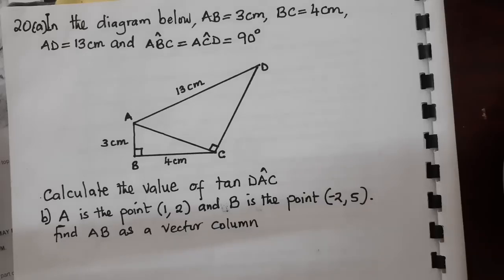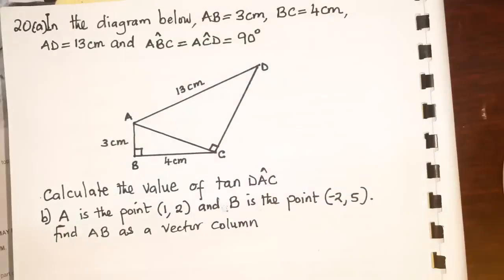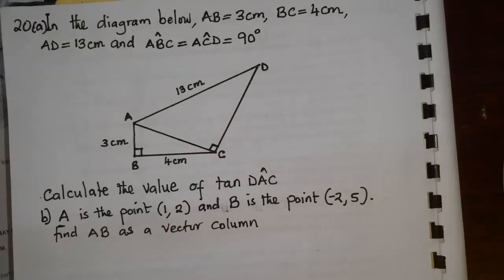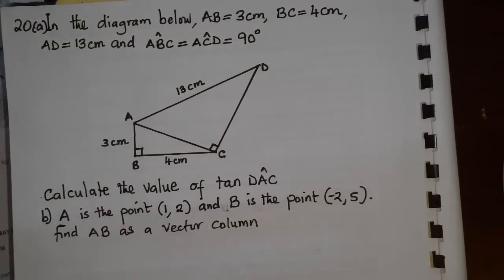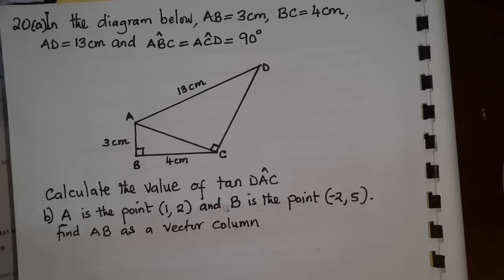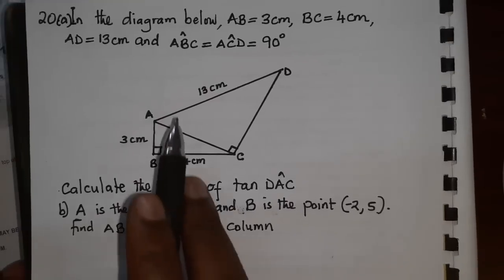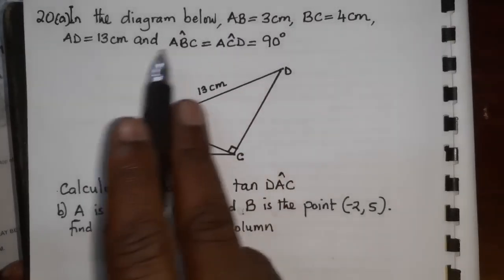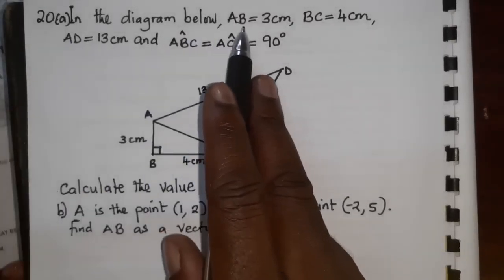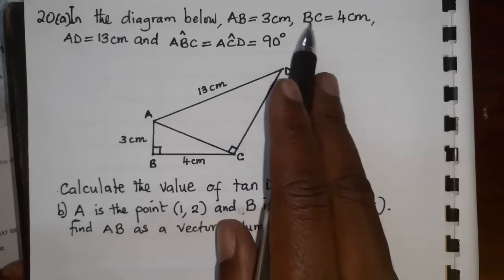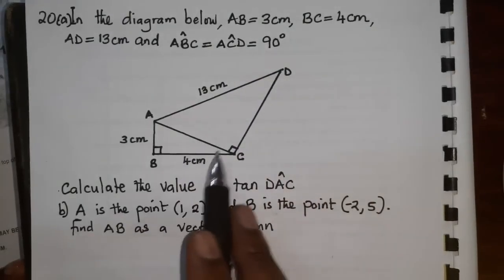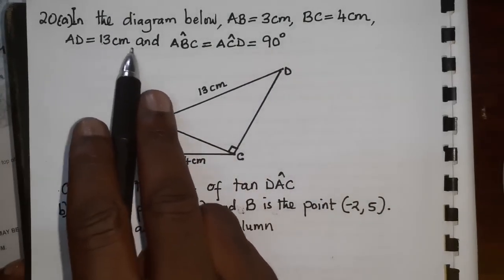So we have question 20. I wrote these questions because sometimes I get comments that they are not clear if we use the actual question papers. So in the diagram below, AB is equal to 3 centimeters, BC is 4 centimeters, and AD is 13.